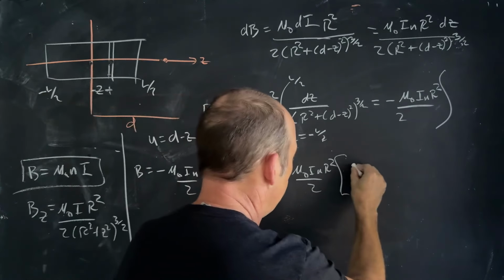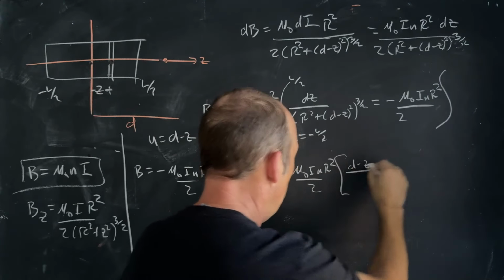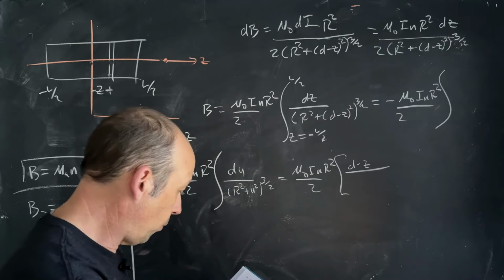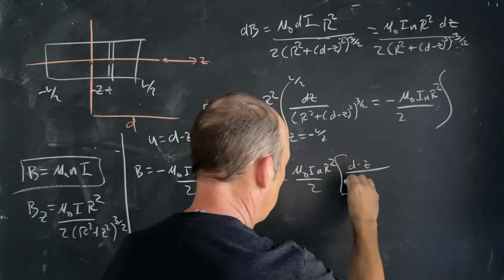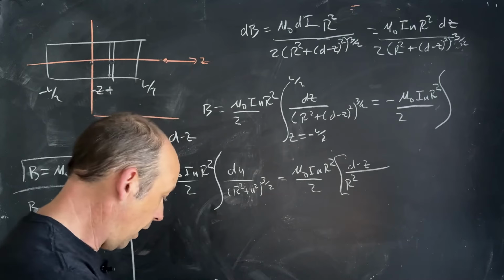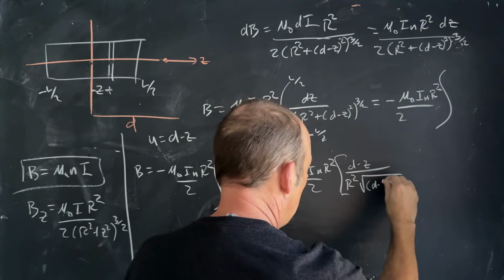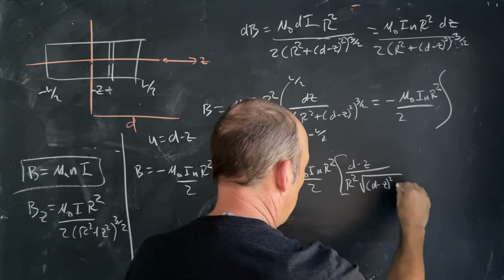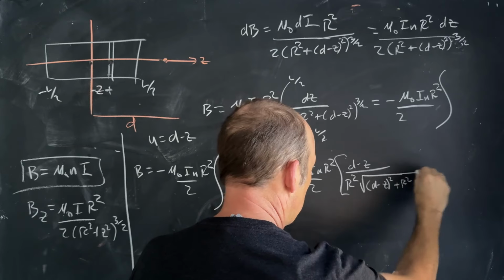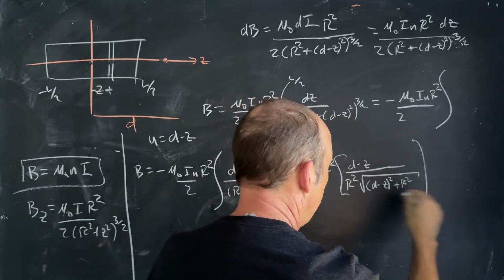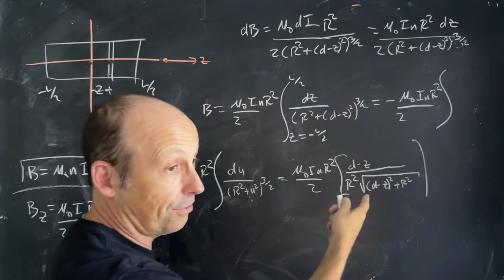So I get d minus z over a squared, which is r squared, times the square root of x squared, which is d minus z squared, plus r squared. Evaluate, so I switch back to the z, so now I can evaluate from negative L over 2 to L over 2. Good? Okay. Now we just need to evaluate the limits.